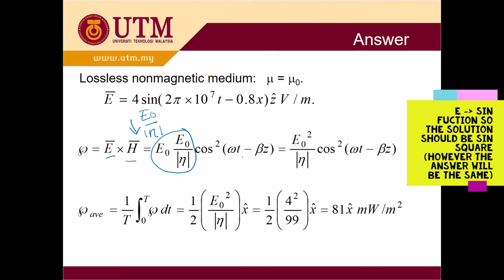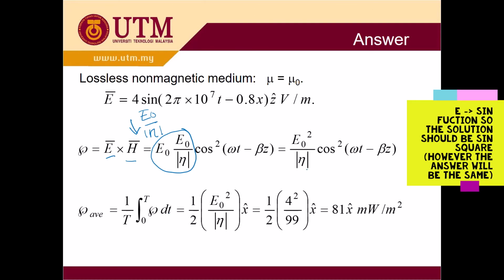This is in phase, so we get cos square of omega t minus beta z. Then for P average we integrate 1 over T of the Poynting vector dt.